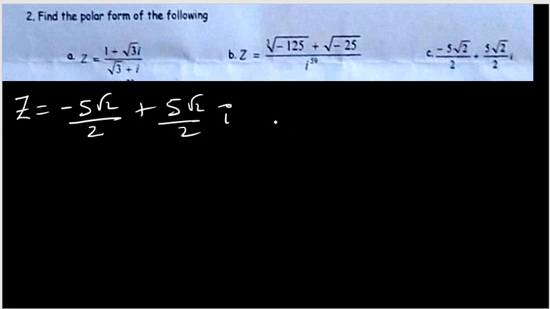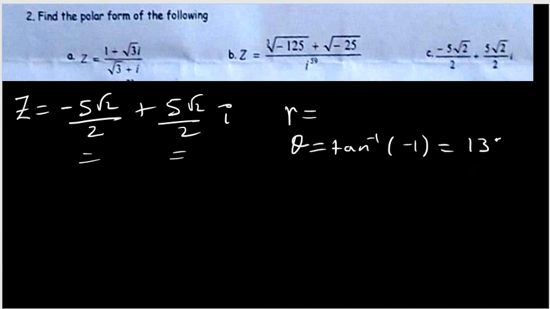So this one, directly, first let's find the r and then the theta. For the theta, like we said, positive and negative are the same; 5 root 2 over 2 divided by 5 root 2 over 2 gives us 1. So it's tan inverse of negative 1, that is 135 degrees in the second quadrant, because positive and negative is in the second quadrant.